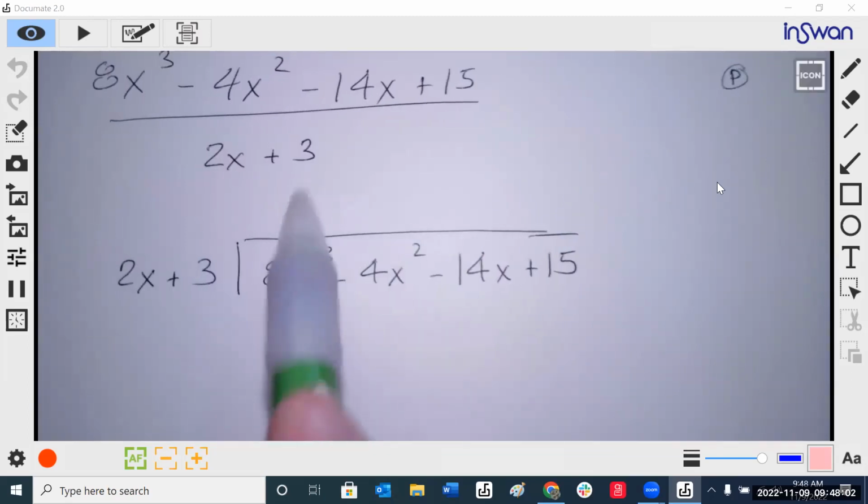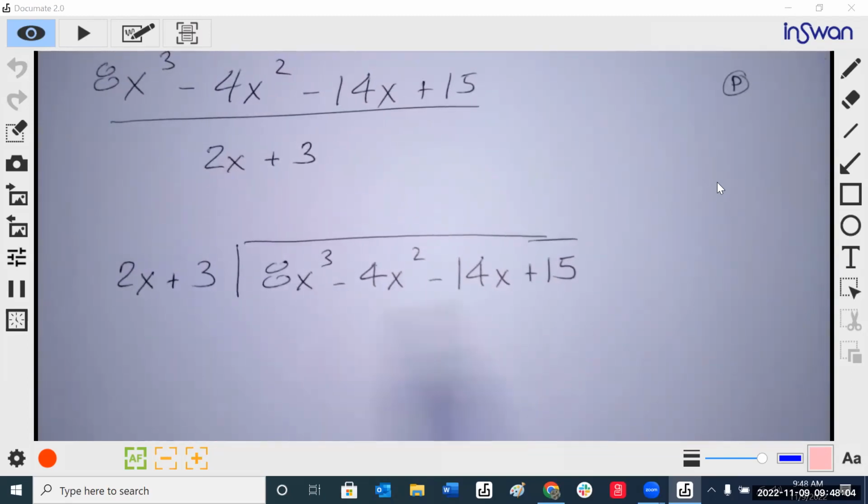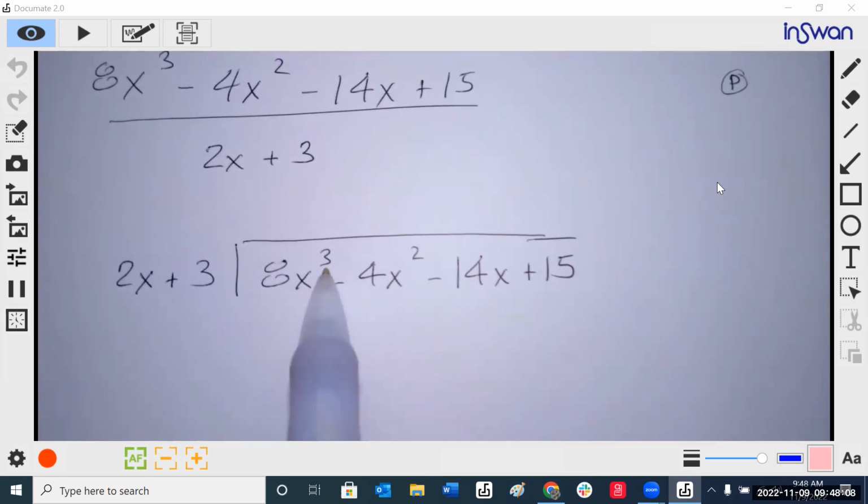Again, I had it in this way, so I put it in the traditional form. Before you go any further, make sure the exponents are decreasing and there are no missing spaces. 3, 2, 1, 0. There can't be any missing spaces.